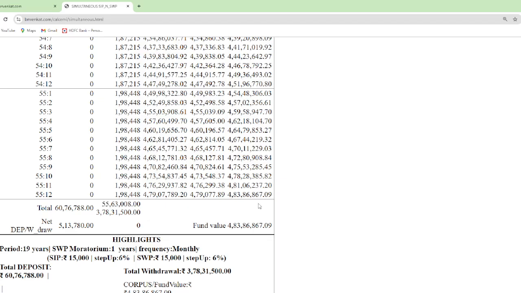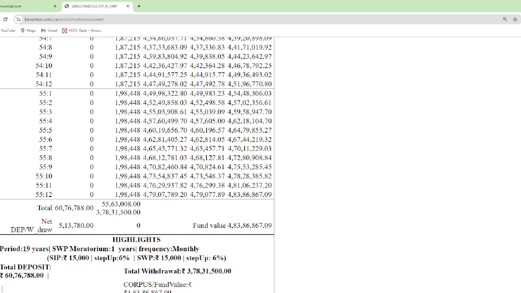Otherwise, the taxation would be around 30 lakhs, that would be around 60 lakhs to 80 lakhs only. That is the only minimal tax one is going to face in this pattern.